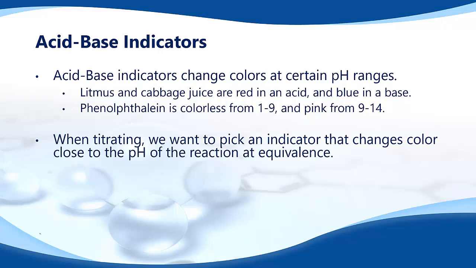Now, what we want to do is pick an indicator. There are a bunch of different indicators you can use. We want to pick one that will change color at a pH really close to where we think it's going to end up at the end of the reaction. Now, we can actually approximate this.